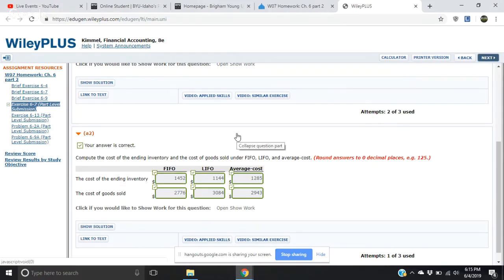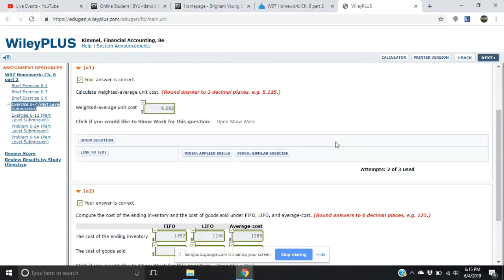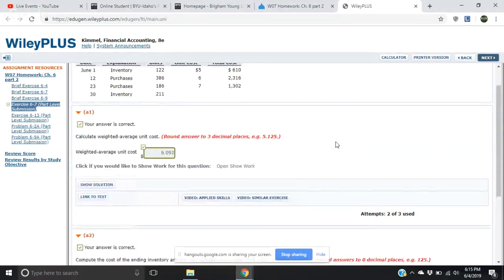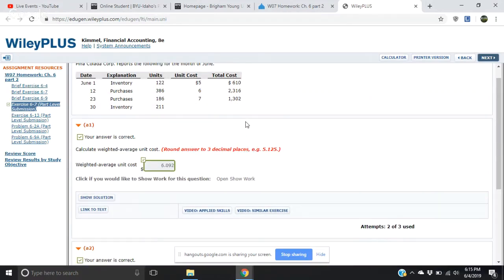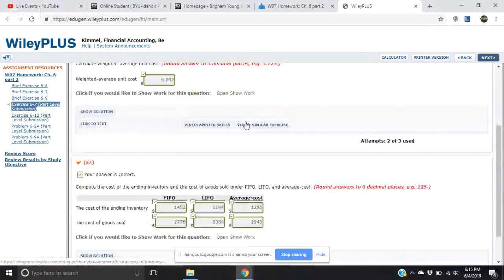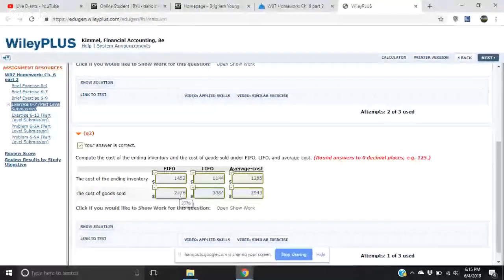Now remember, 4,228 was the total, the cost of goods available for sale. So when we subtract 1,452, we get 2,776.